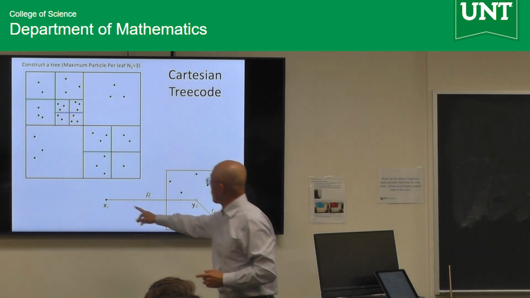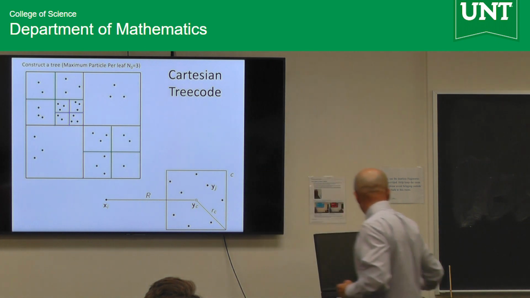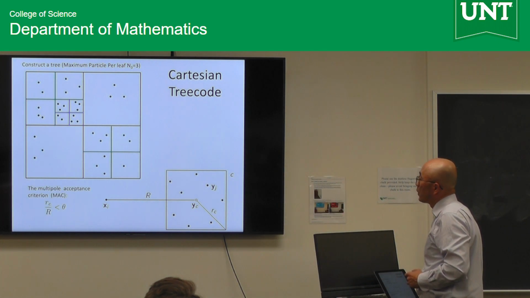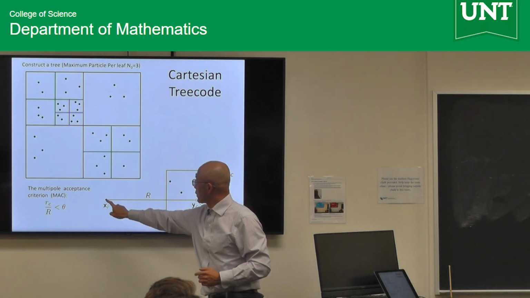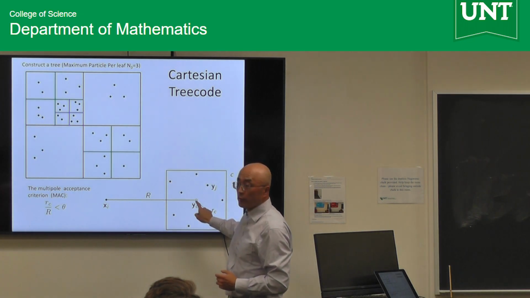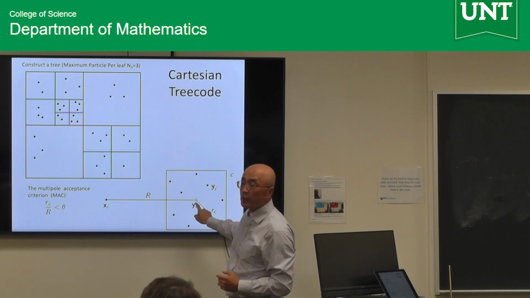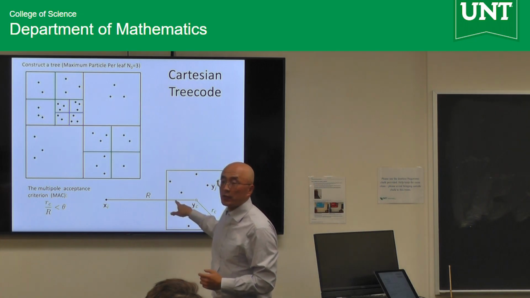Now with this tree structure, if you want to compute the interaction between this particle and all the particles here, you don't have to do particle-particle interactions. You just do the interaction between this particle and the center of this cluster. The cluster is represented by its center, carried by certain weights, and the weights are determined by the charge distribution inside the cluster.